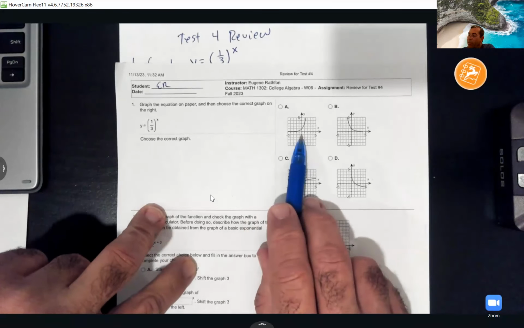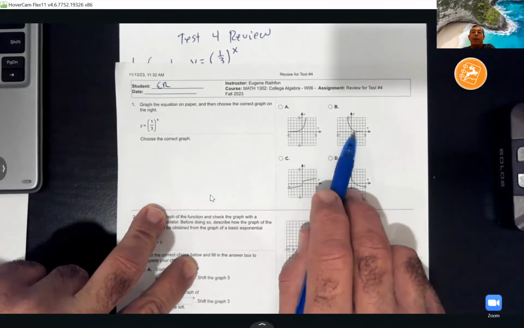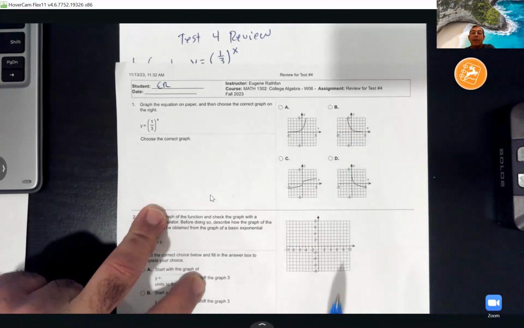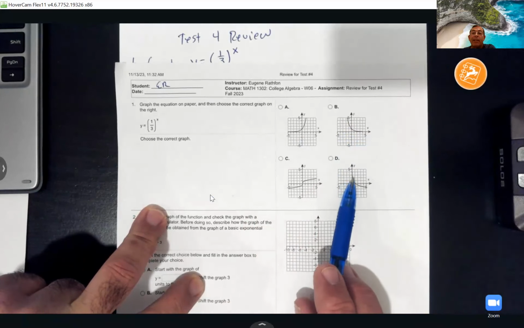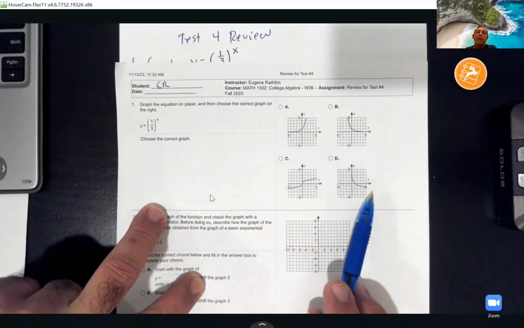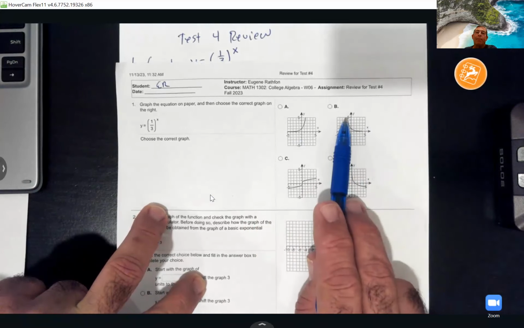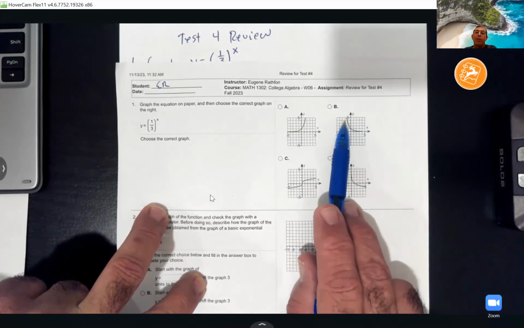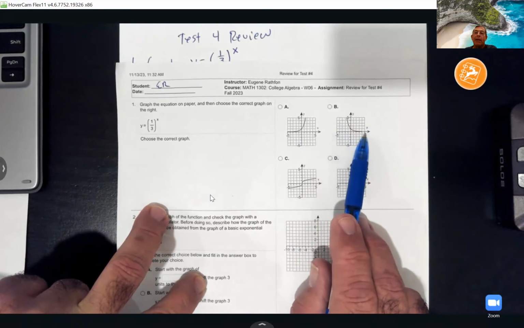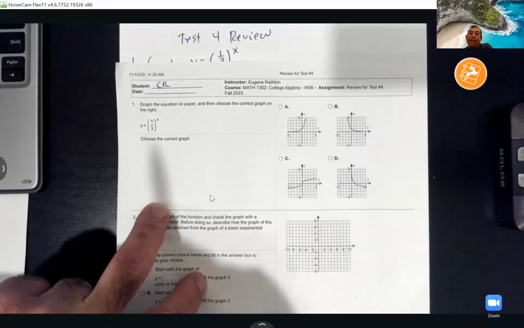For that one, we would pick, which one was it? B. It's coming down and it does not cross the x-axis. Be careful for D, because D, it does cross over and gets into the negative values. Okay. But yeah, it's going to be the one that comes down, goes across 1 on the y-axis, and then just sort of hugs that x-axis, okay?